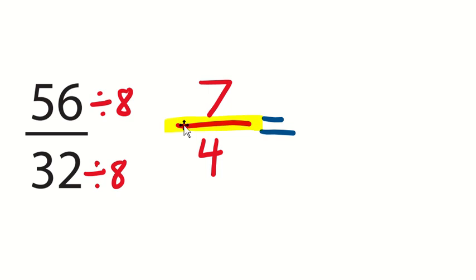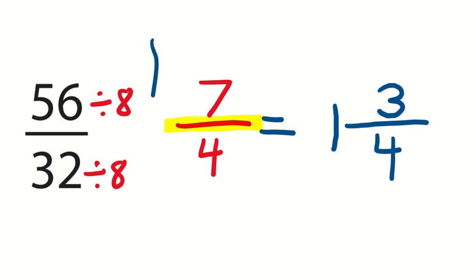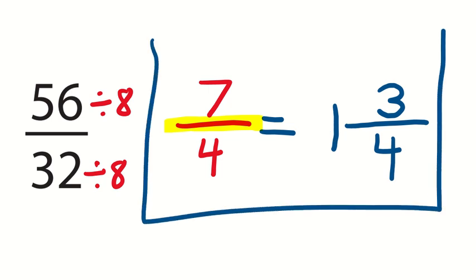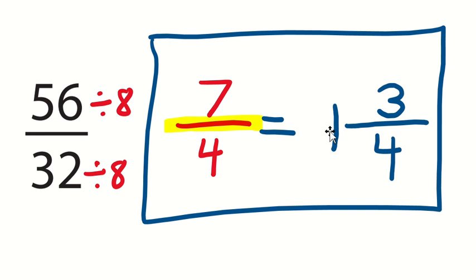So how many times will 4 go into 7? Well, we know that it will go once. And how much is left over? Well, there will be a remainder of 3. So the remainder goes up top, and then the denominator stays the same. So thus we've written our fraction in simplest form as both an improper fraction and a mixed number.